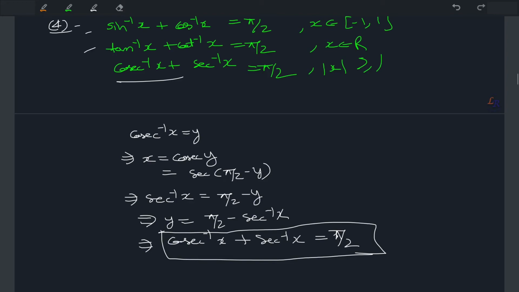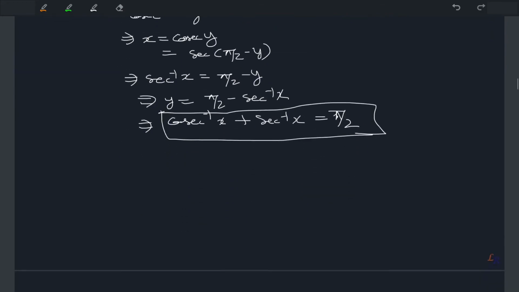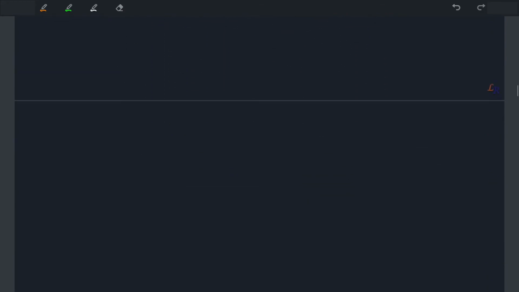Now let's move further and have another, fifth type of properties. Here we'll use tan. So tan inverse x plus tan inverse y is equal to tan inverse of x plus y upon 1 minus xy.